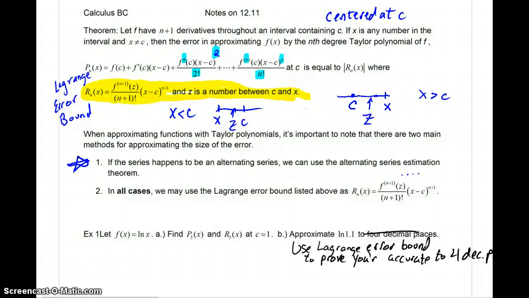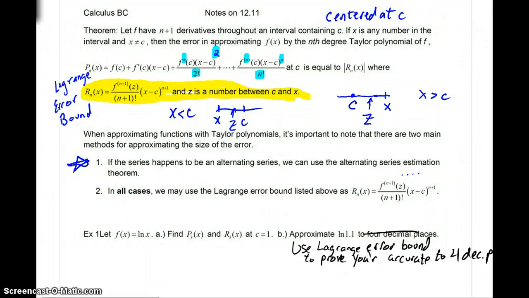But what if we don't have an alternating series? That's the big question. Step number 2 says, in all cases, whether your series is alternating or not, you may use this Lagrange error bound, which we've written up above, and we can use that r sub n of x to tell us what the maximum error is.